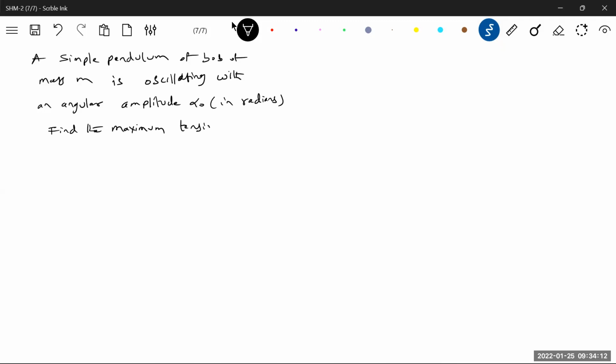Find the maximum tension in the string. Theta naught, I'll write it. That's better. Carry on. Find the maximum tension in the string.